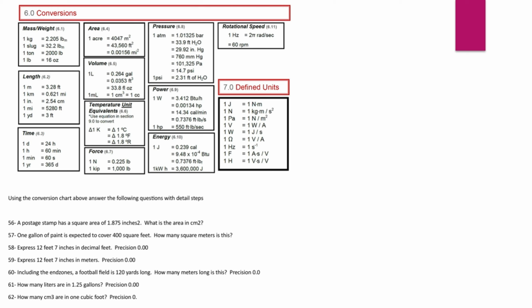It is written in yards, so let me write 120 yards long, and they are asking how many meters long is this. So we can say 120 yards equals x meters.